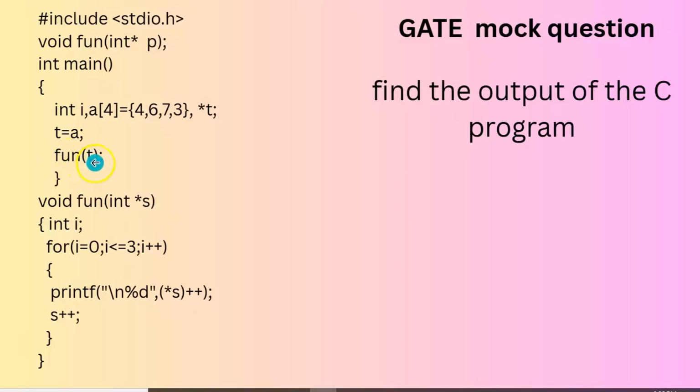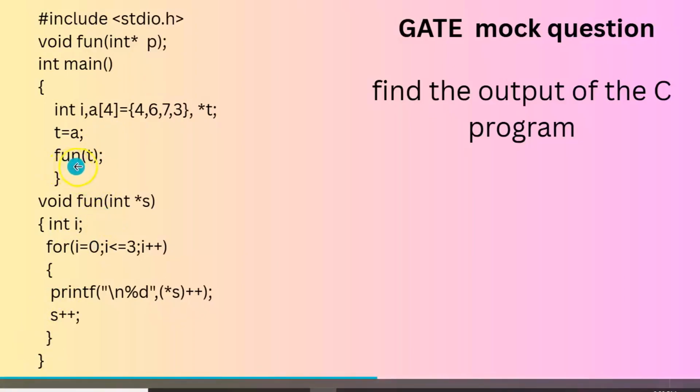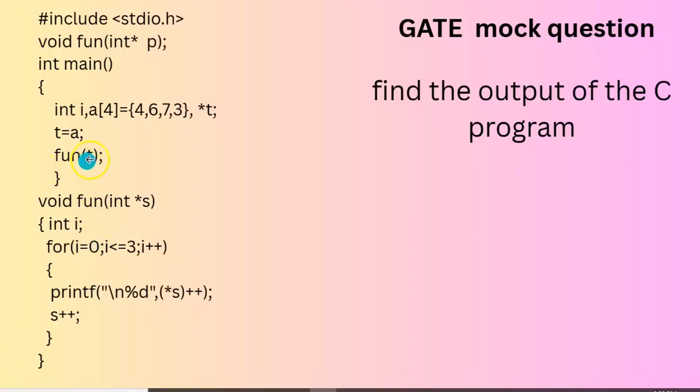So what is T actually? T is a pointer to this array A. When you call this function fun in the main program, the value of T is passed to this pointer variable S. Within the function, you declare a local variable I, and you have a for loop which operates from 0 to 3.